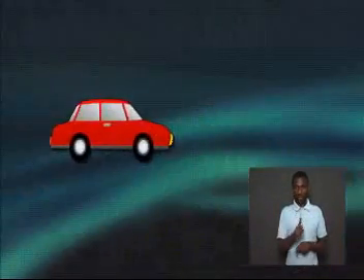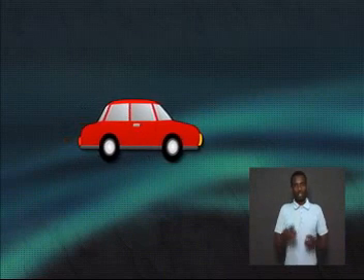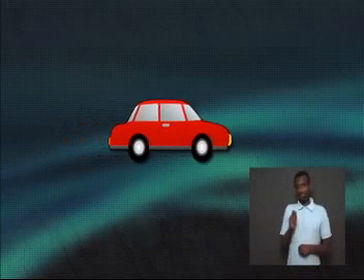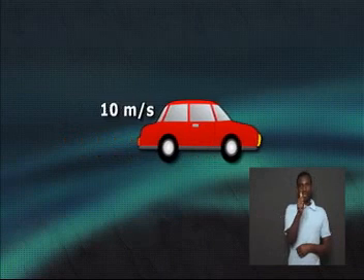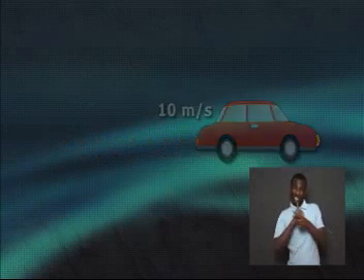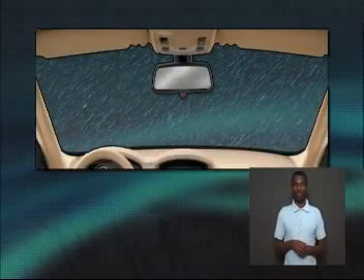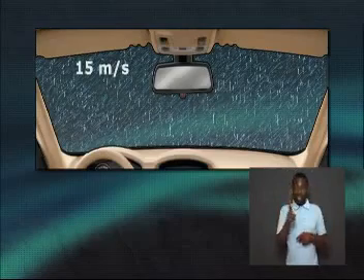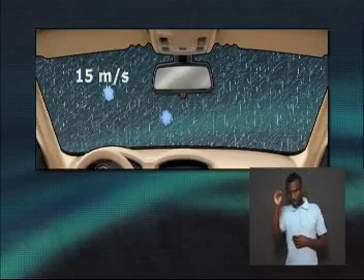Students, now it is your turn to determine relative velocity. A car is moving at a speed of 10 meters per second east along a straight road. It begins to rain with a velocity of 15 meters per second in the vertical direction.